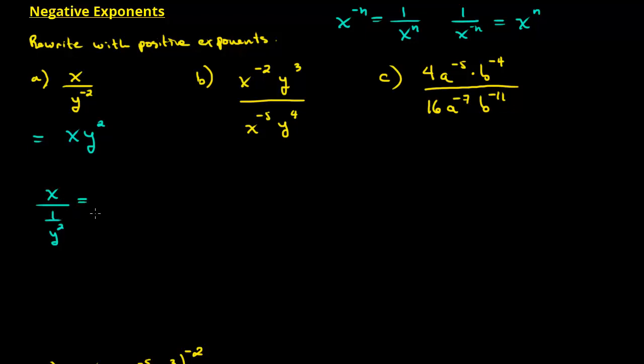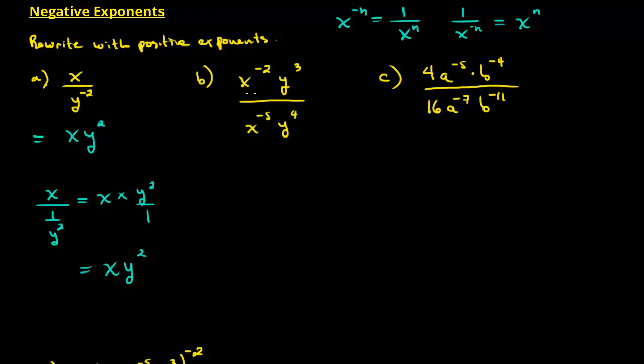Division by a fraction is the same thing as multiplication by the reciprocal. So this is equal to x times y squared over 1, which is just equal to x y squared. So this simplifies to x times y squared.